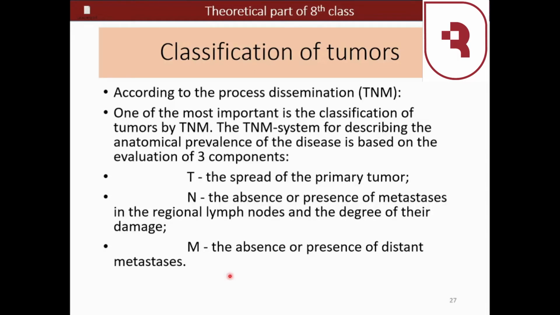In index 0, we checked the whole body and couldn't find any metastasis. In index 1, we found metastasis. All tumors will have different scales for their description, and you will discuss each of these scales in the surgery department. The most important of these scales are for surgeons.